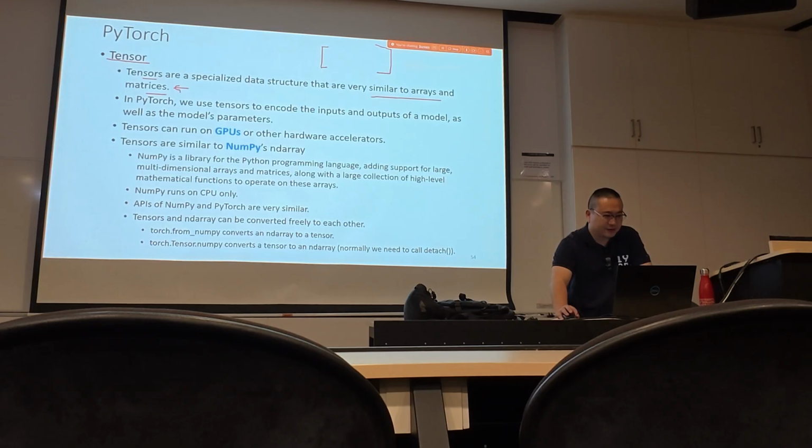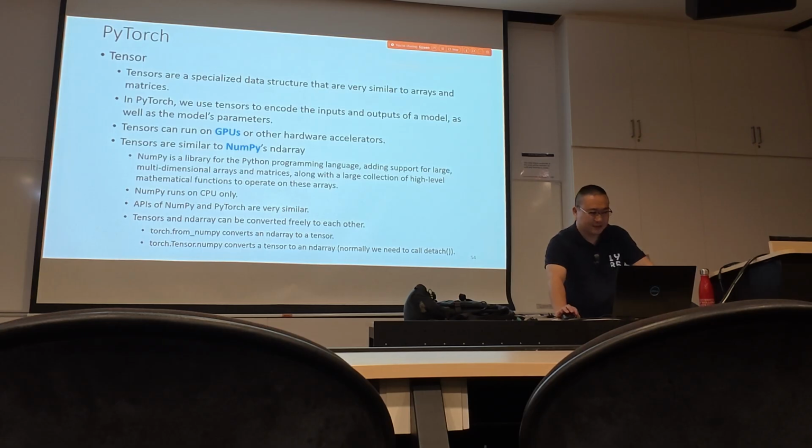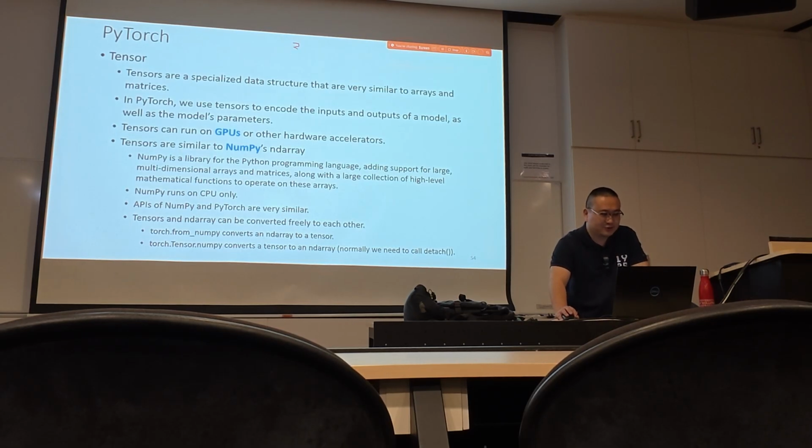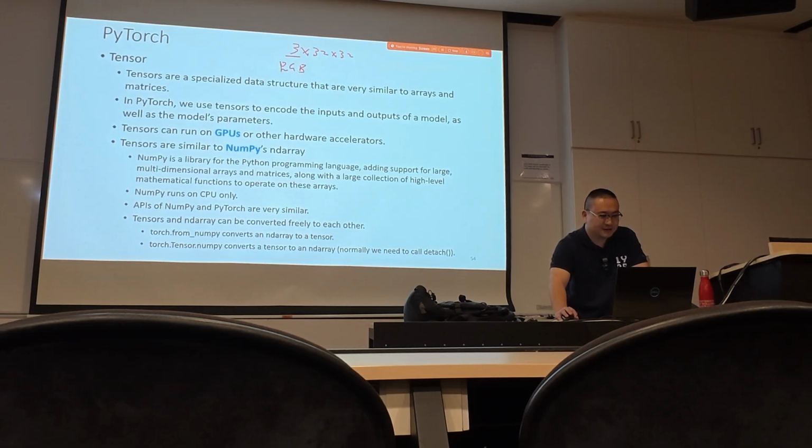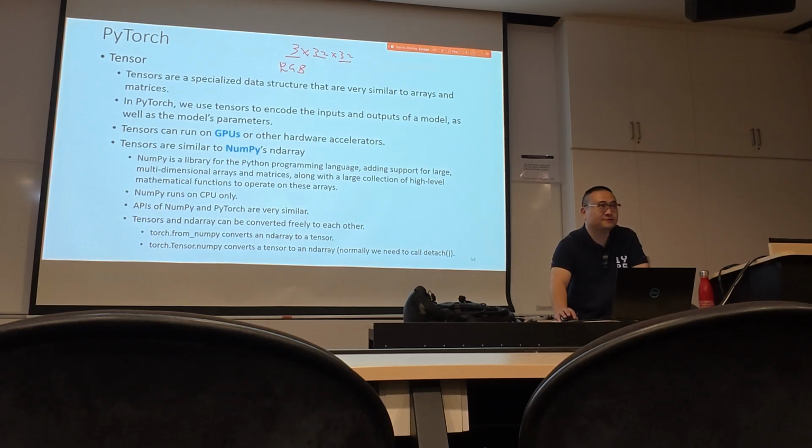So for example, if you want to represent images using tensors, then for a color image, we have, for example, 3 by 32 by 32. 3 is the channels, we have RGB channels, and 32 and 32 are the sizes of the image. So we cannot use a matrix to represent that, because a matrix is just 2D.